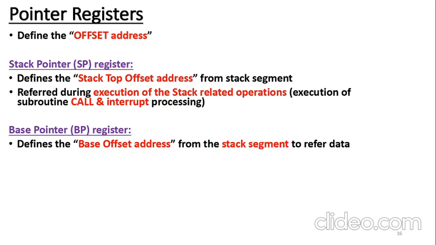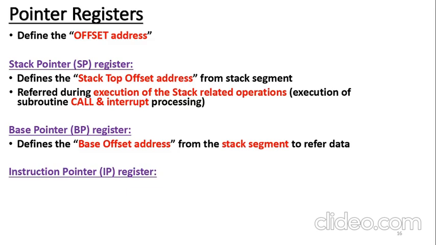It clearly means that the stack will be used for storage of stack related information during push, pop or return addresses, or it can even be used for storage of generalized data. And whenever such generalized data is referred, the offset of that data is pointed by the base pointer register here.